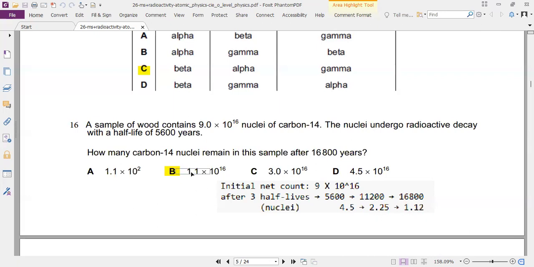Look for 1.1. It is here and here, but this is not possible because this number is not actually halved. How can you verify this? Well, if you divide this by 2, you get 4.5 into 10 power 16. You don't get 4.5 into 10 power 8. So that's why B is the correct choice.